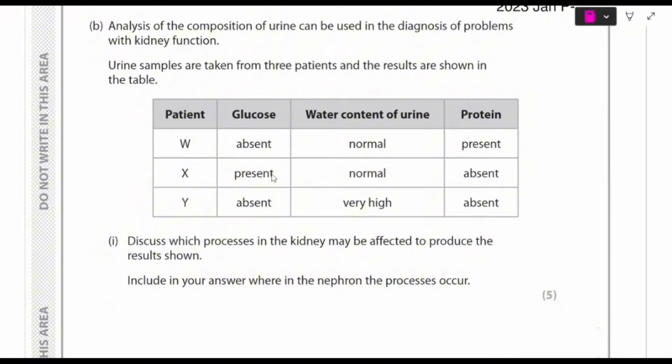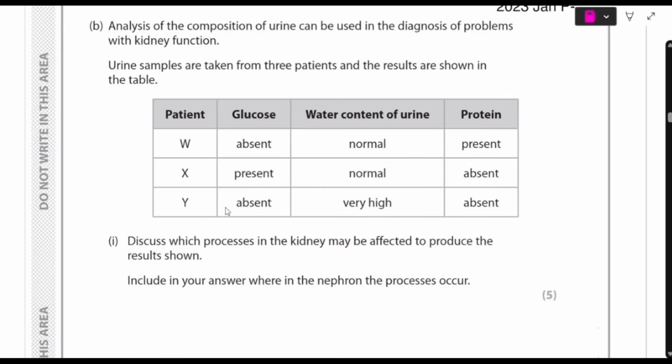Because glucose is generally reabsorbed back into the blood by active transport using energy. This happens at the proximal convoluted tubule. So they have a fault at the proximal convoluted tubule, and therefore selective reabsorption is not happening properly.